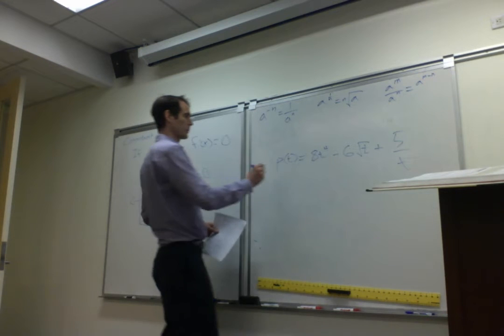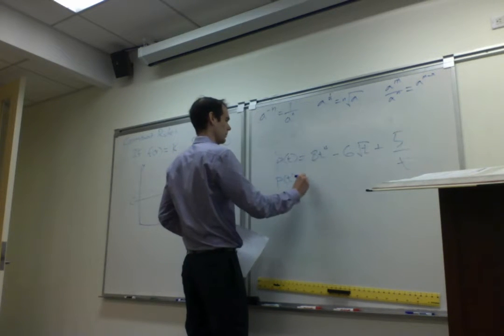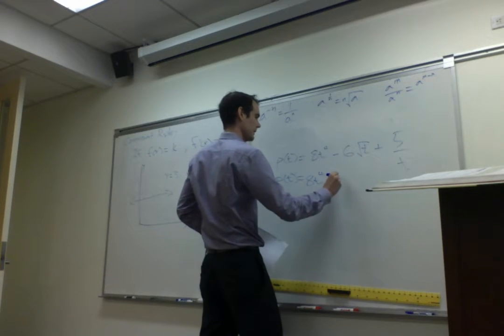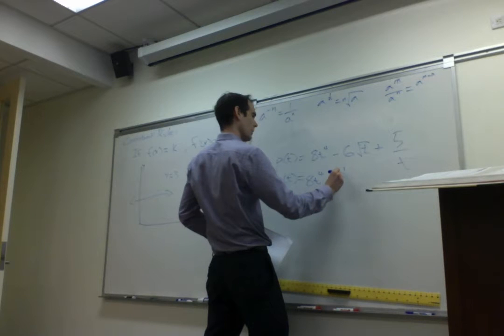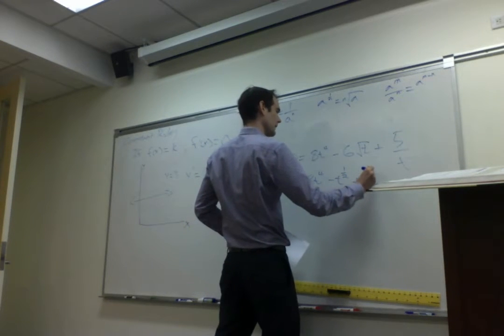So we could rewrite this: P of t equals 8 times t to the 4th minus t to the 1/2 plus 5 times t to the negative 1.